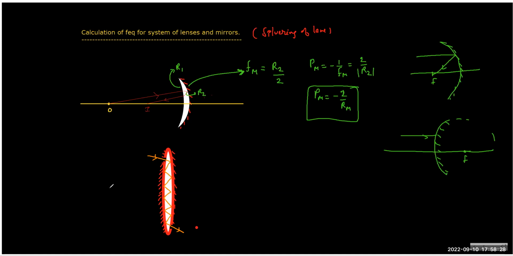Every time it is bending, there is a deviation of the light. No, no. How many times do you cross? Because before you meet the mirror, you go out of the lens by a small nanometer ahead.